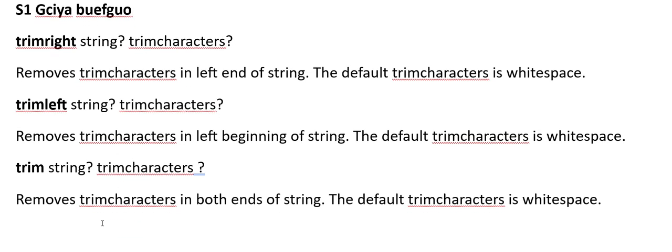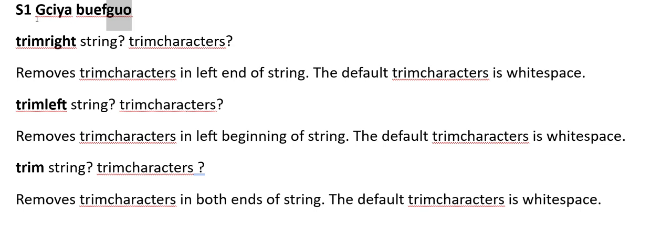Then if we want to trim the characters on both sides, for example from this if we want to remove GCI, and from this if we want to remove GUO, we are giving trim, the string name, that is the variable assigned to the particular string, that is s1, and the trim characters.